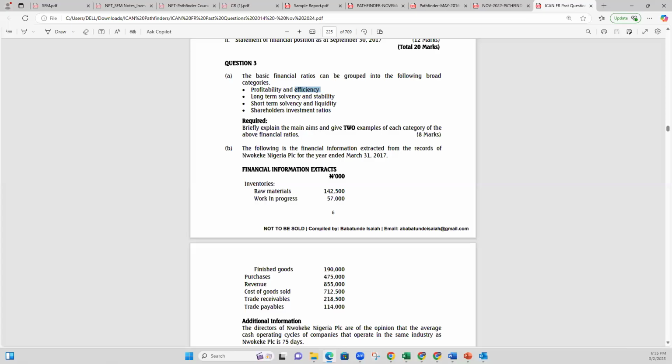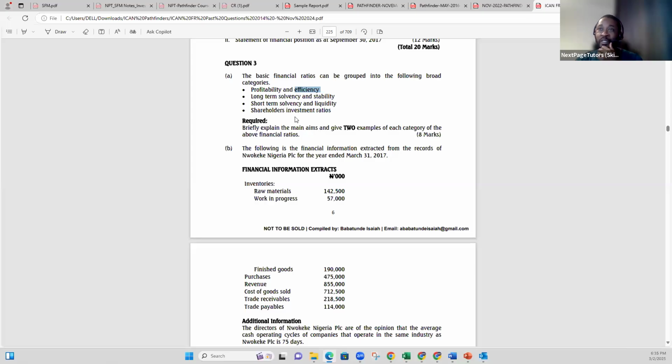Okay, how the company is basically able to meet their long-term obligation. Examples? An example is the debt to equity ratio, and interest cover, which is, do you remember the formula? No, sir. EBIT over interest, expressed as the number of times. That's a very good attempt. Well done.